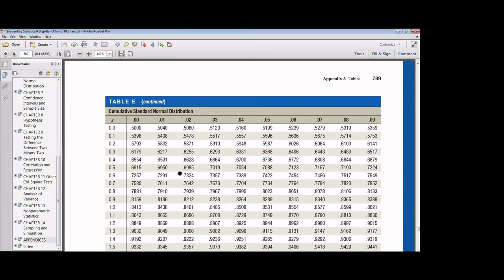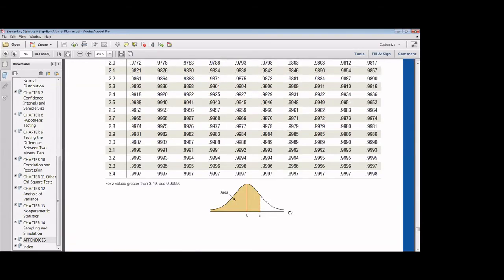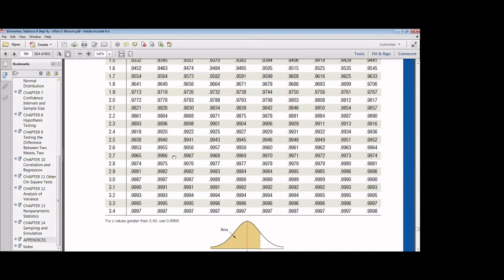Since it's 0.005, we're looking for 1 minus 0.005, which is 0.995. So where can we find 0.995?